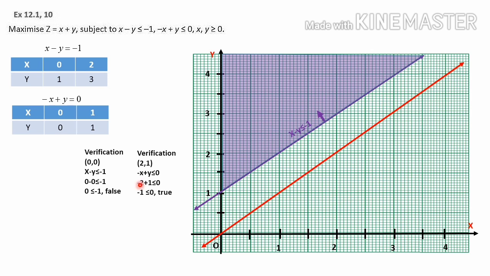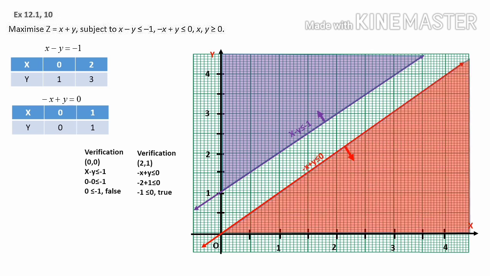So minus 2 plus 1 less than or equal to 0, that means minus 1 less than 0, which means the statement is true. So the point (2, 1) lies in the feasible region, which is our wanted region. That portion we have to shade.